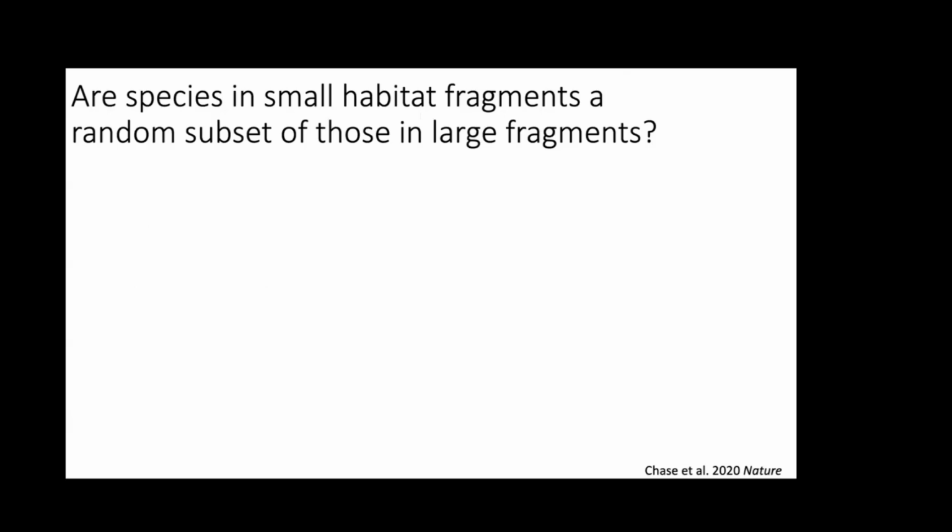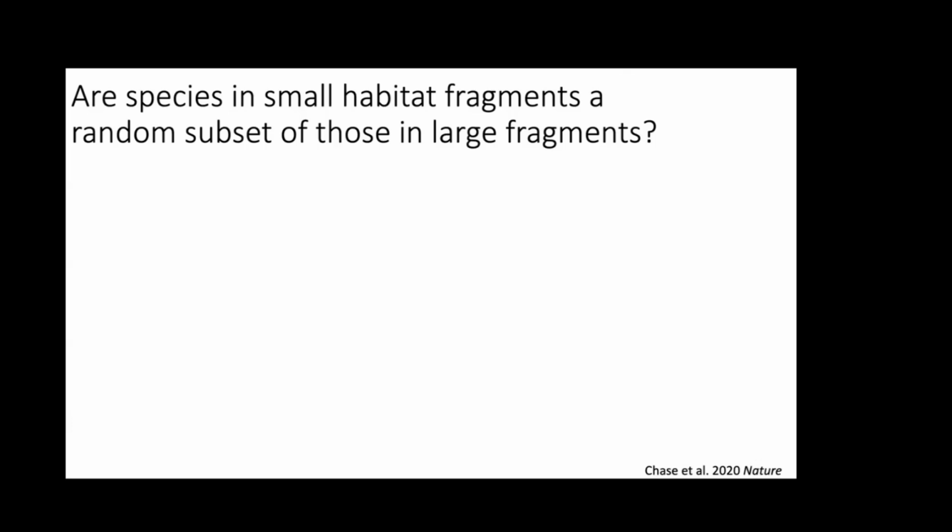And to do this, he compiled lots of data, and there's a data paper associated with this where we published the open data, and he put together all of the studies and all of the data we could find where we had samples of different types of communities from habitat fragments of different sizes.